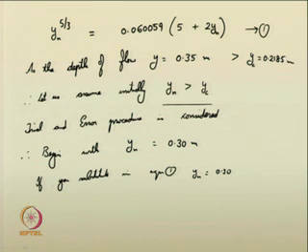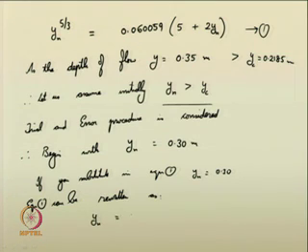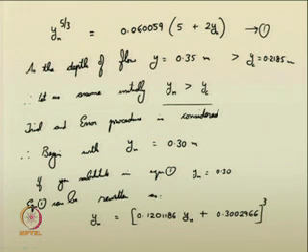Or you can see equation 1 can be rewritten as y n is equal to (0.1201186 y n plus 0.3002966), the whole thing raised to 3 by 5. Like this you can get an equation.